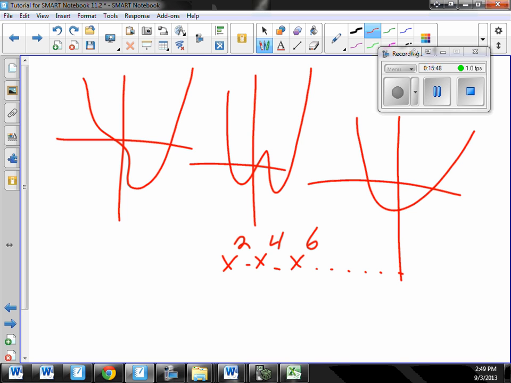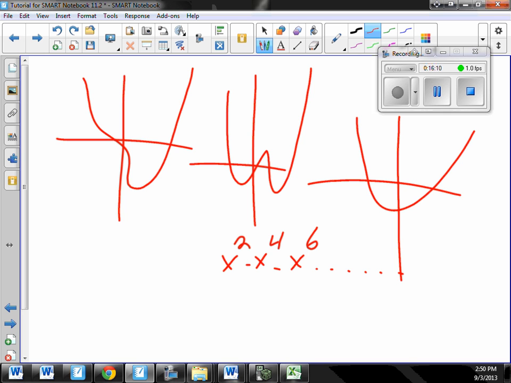Notice that the end behavior in both directions is up. The limit as x approaches infinity is infinity, and the limit as x approaches negative infinity is also infinity. One answer is good enough, because they're all the same, right?